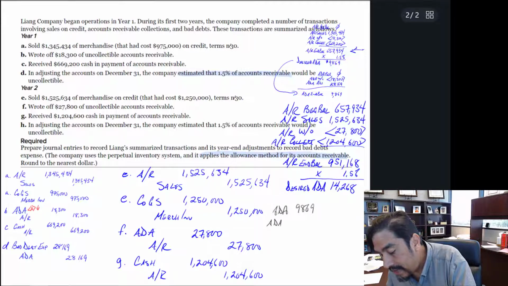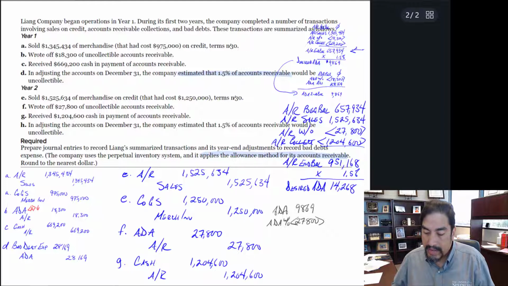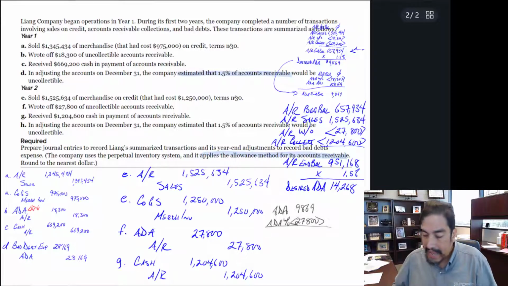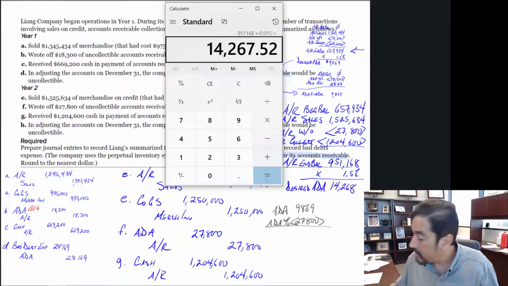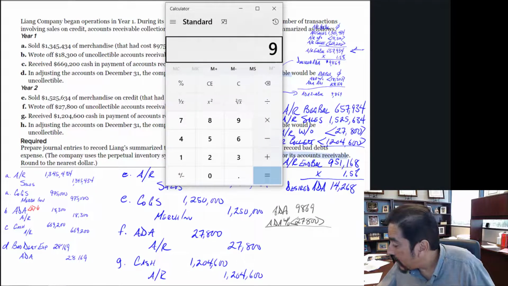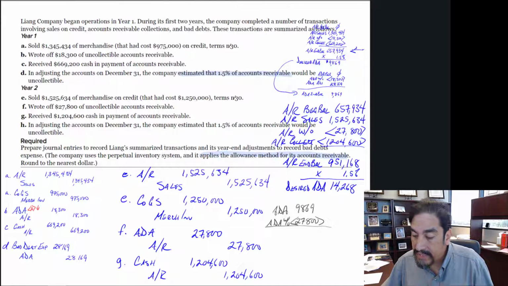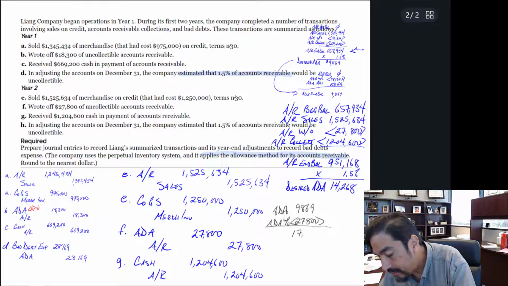So ADA write-off, 27,800. And nothing in G. So right now I'm sitting at 9,869 minus 27,800. So right now I'm sitting at a negative 17,931.